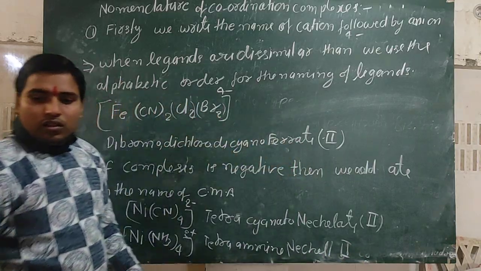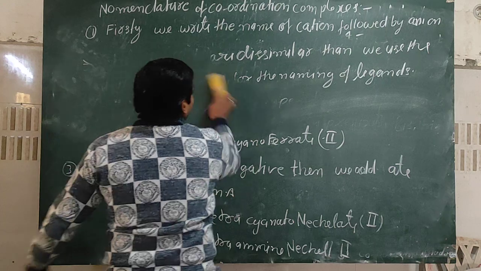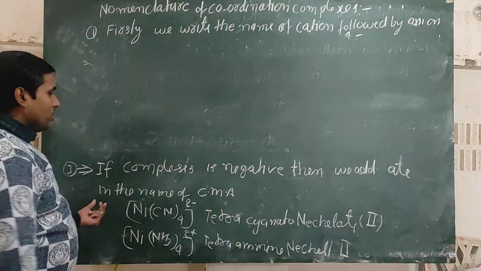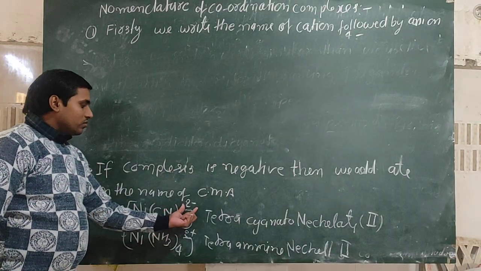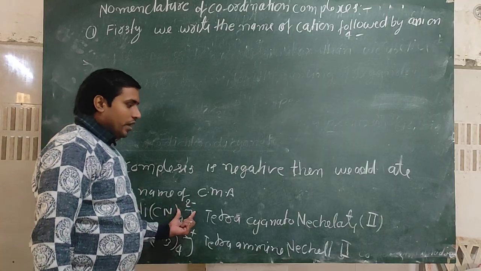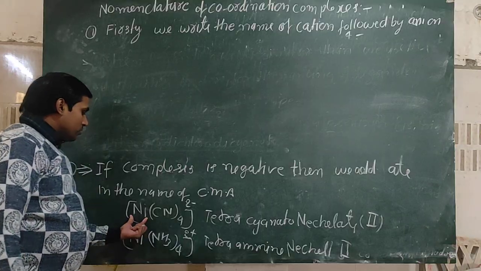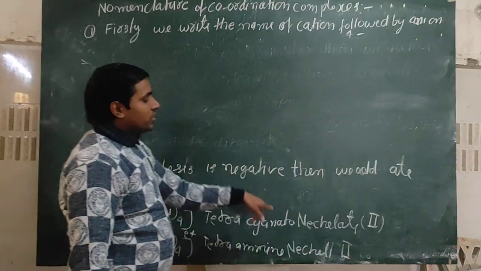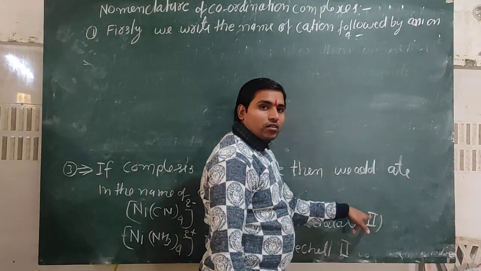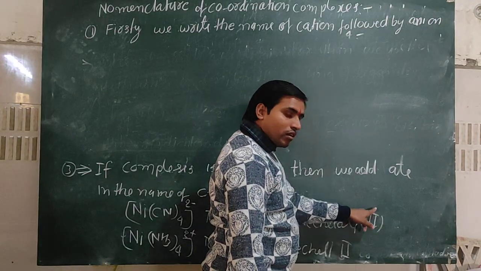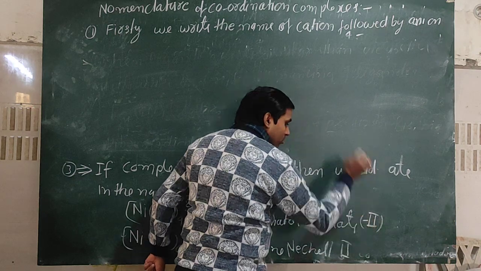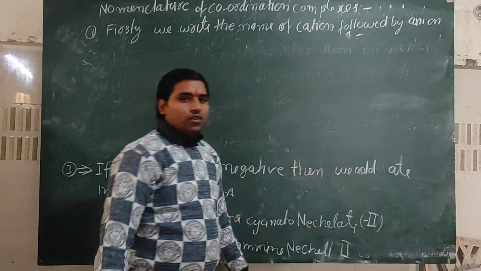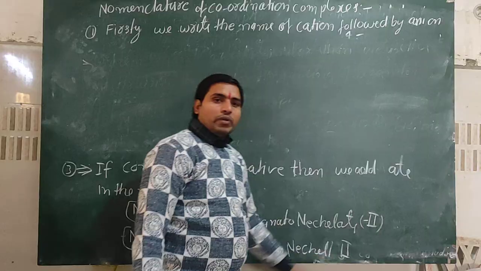Second, another rule for the nomenclature of coordination complexes: if any coordination complex has a negative charge, then when we write the name of the central metal atom, its name is also changed, but its oxidation state is always written in brackets, with a hyphen or minus before it.